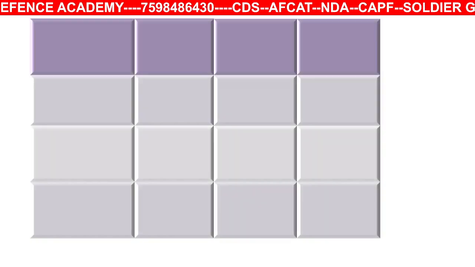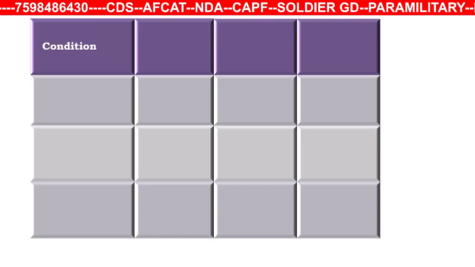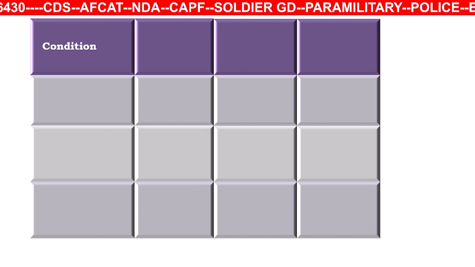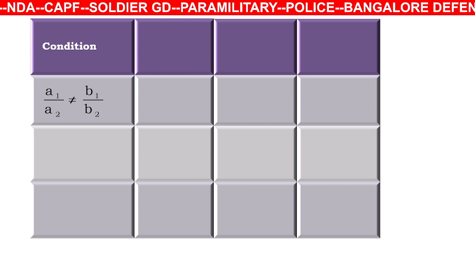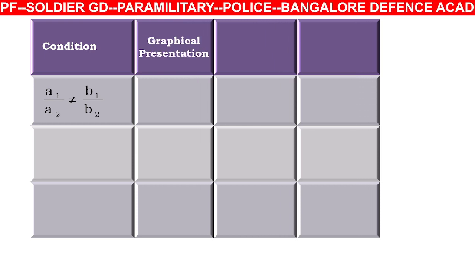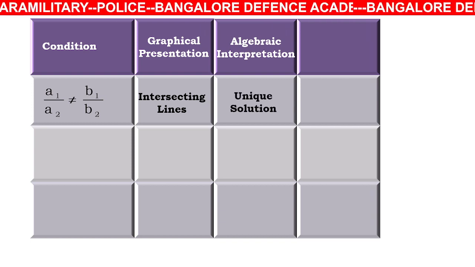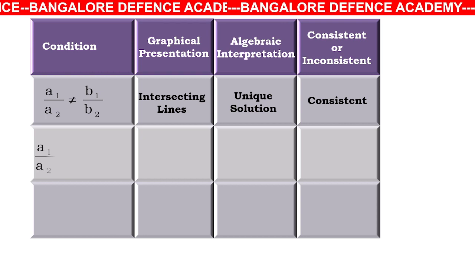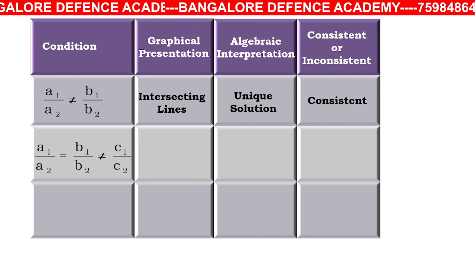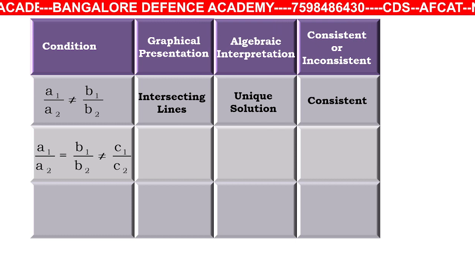Now here you have an important chart, a tabular column. You can take this down in your notebook and learn it by heart, because all the questions will be on these conditions. Condition number 1: a1 by a2 is not equal to b1 by b2. Graphical representation: intersecting lines. Algebraic interpretation: unique solution, and it is consistent. Condition number 2: a1 by a2 is equal to b1 by b2 is not equal to c1 by c2.